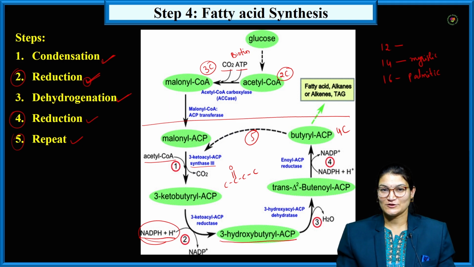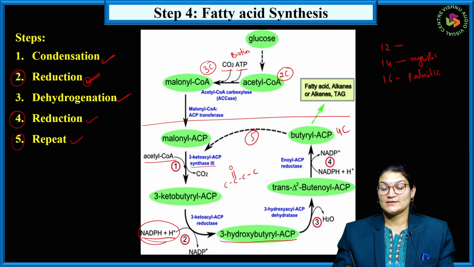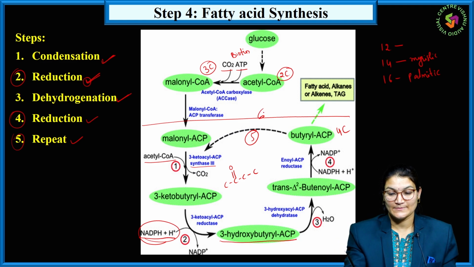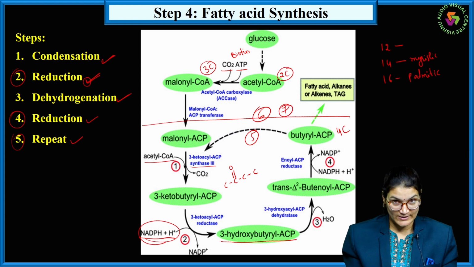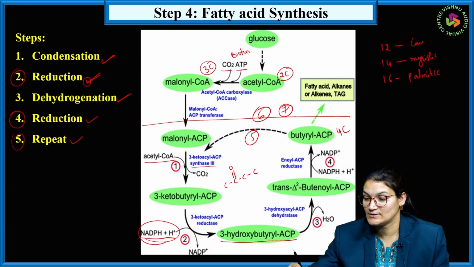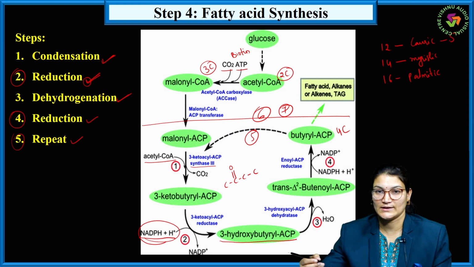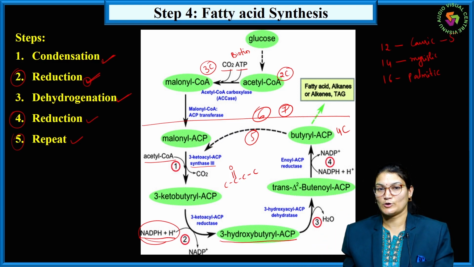It happens inside the body. If myristic acid is needed inside the body, then this whole process happens 6 times. If the end product is palmitic acid, this whole process happens 7 times. And if the end product is lauric acid, then the whole process happens 5 times. So based on the number of cycles, you will get the end product.